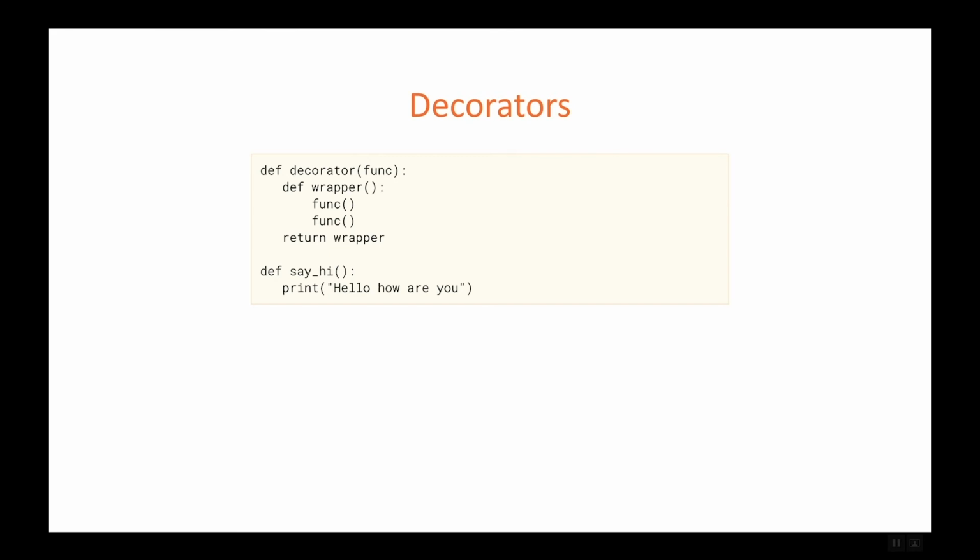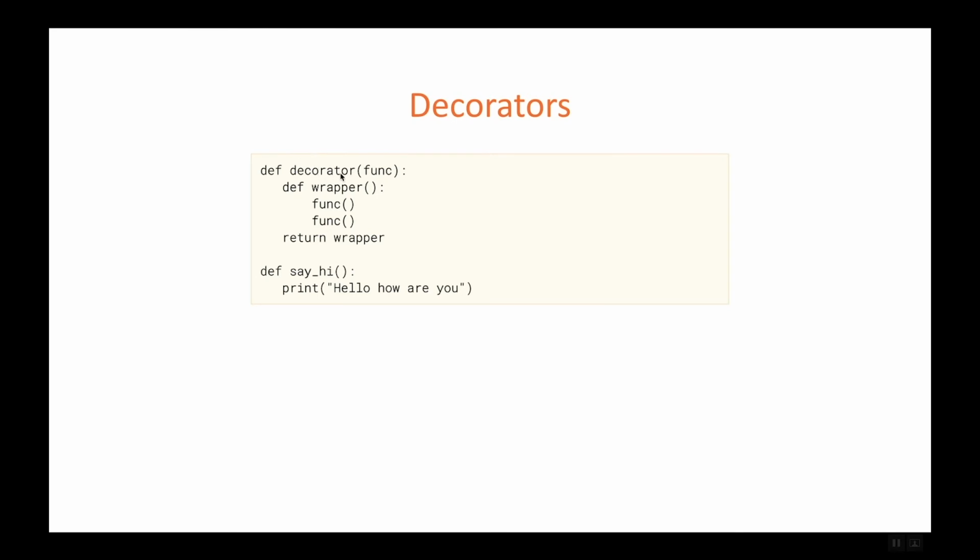Now, what we want to do is when we invoke this function, what I would like to happen is this function will be run twice and then finish, right? So for every invocation, I would like this function to be run twice. So we would have a decorator function.